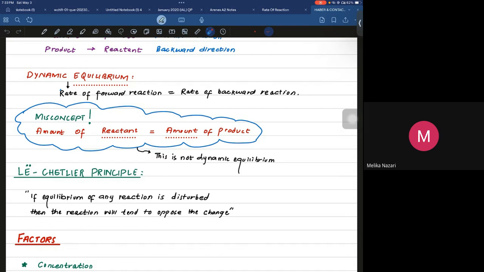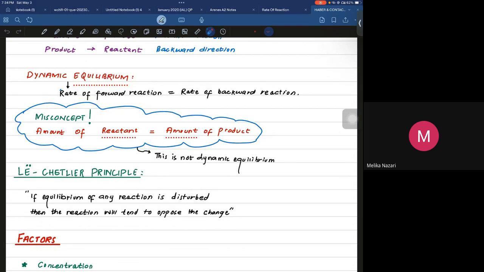What does dynamic equilibrium mean? Let's suppose I'm sitting in a car and you are also sitting in a car. Just imagine we have tinted glasses, and I can see only you and you can see only me. Both cars are going with a constant velocity, a constant speed of 20 kilometers per hour.